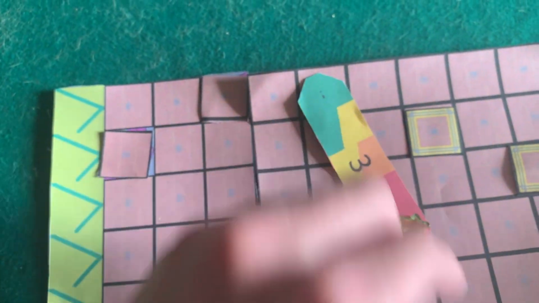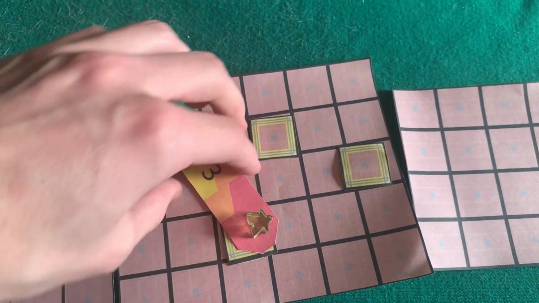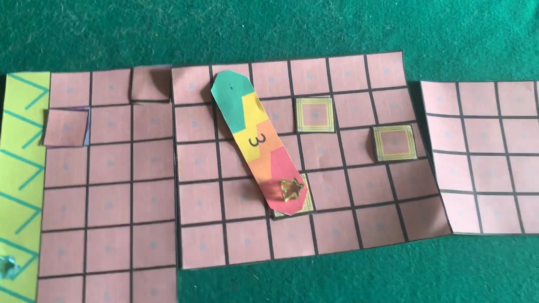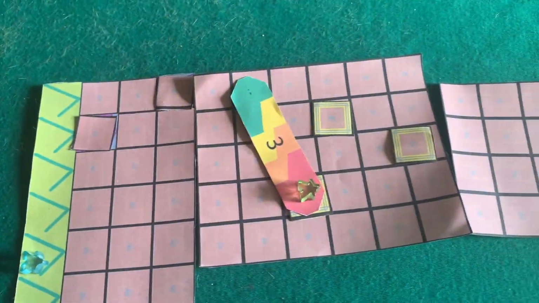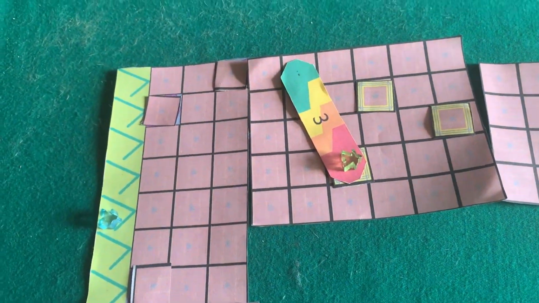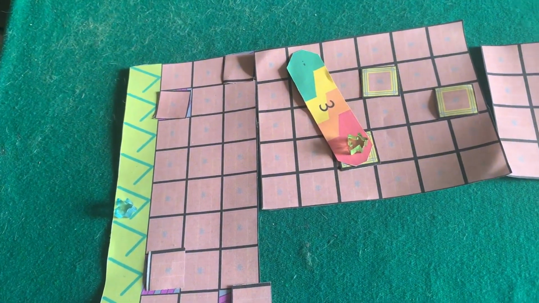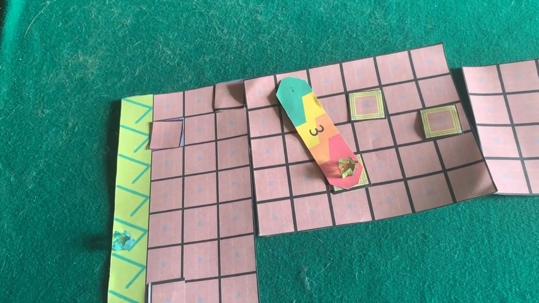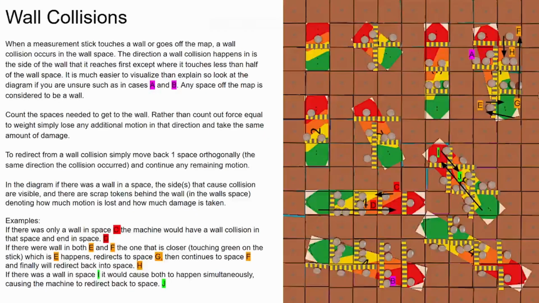He has a wall collision in that space. To determine which side of the wall collision happens in, for which direction to lose force in, there is a formula, but it's much easier to just look at the diagram in the rulebook.